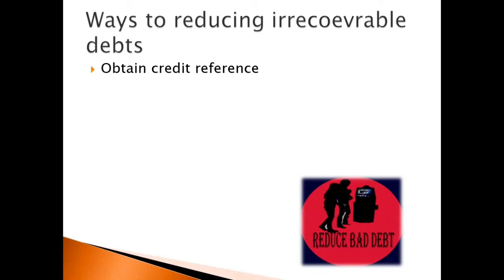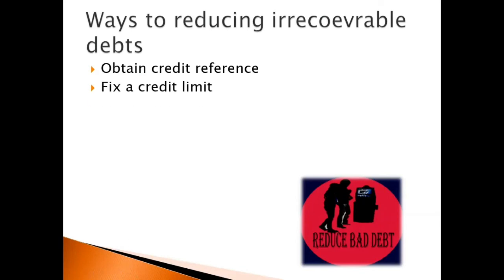But in practice, this is not always an option. So all possible steps must be taken to avoid irrecoverable debts. So before allowing credit to a new customer, credit references should be obtained. One from the customer's bank and one from a present or previous supplier. To try to obtain some information on the credibility of the customer.